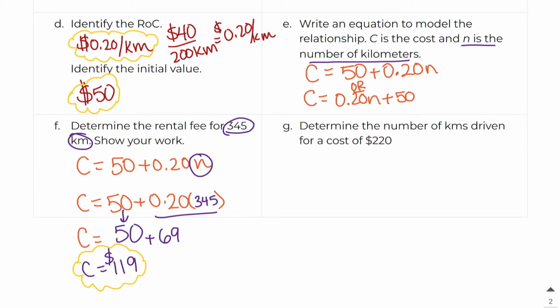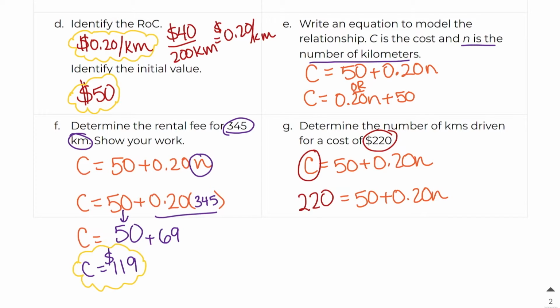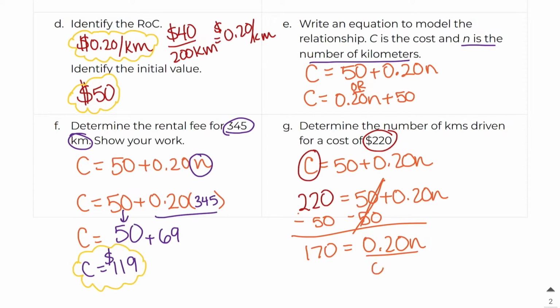So question G says to determine the number of kilometers driven for a cost of $220. So this time we're given the cost. The cost is $220. So I can replace that C with 220 right here. And I want to solve for N. So the first thing I do is I get rid of that 50 by subtracting it. This goes away. 220 minus 50 is 170. 170 is equal to 0.20 n. Then I can divide both sides by 0.20 or 0.2, it doesn't matter, to get this n alone.